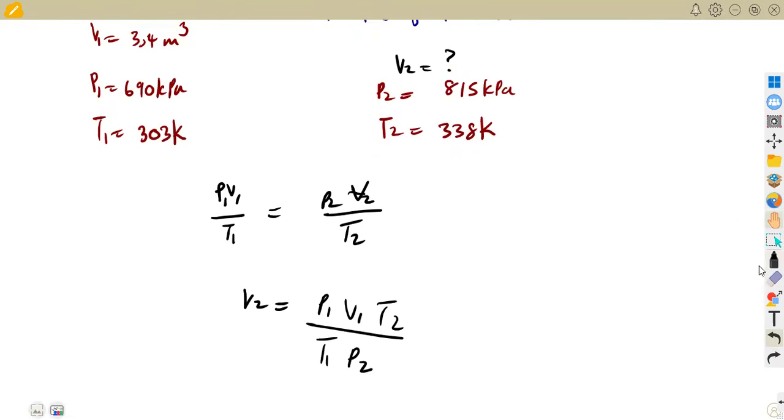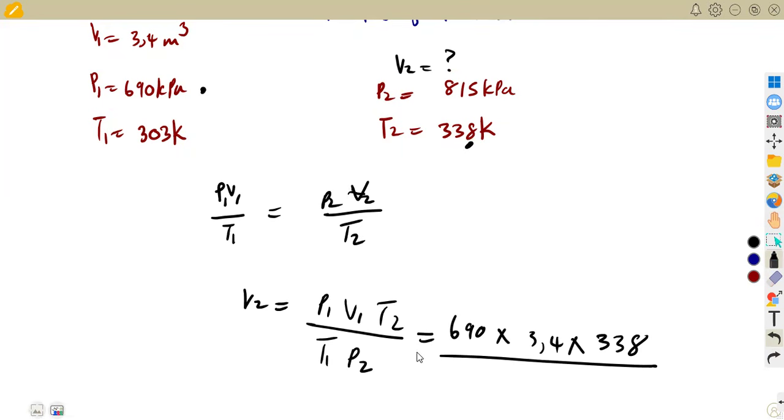So that's just a substitution. We've got our V2: P1, 690, times V1, that is 3,4, times T2, which is in Kelvin, 338, everything over our T1, which was 303 Kelvin, times P2, which is 815.